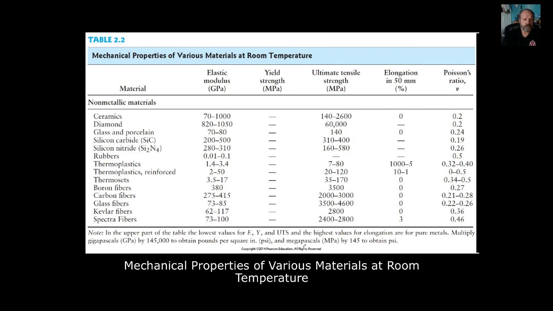And then here's some other materials at room temperature. They usually classify these at room temperature. So if you're going to design something at a higher temperature, some of these parameters will change. And they do have tensile testers that have a furnace around it. So you take your sample, you put it in, the furnace closes around it, heats up to 700 degrees Celsius, for example, and then you start pulling on it and you see how it reacts.